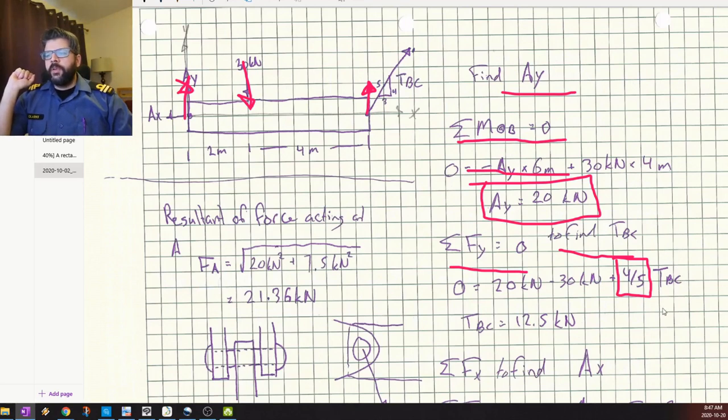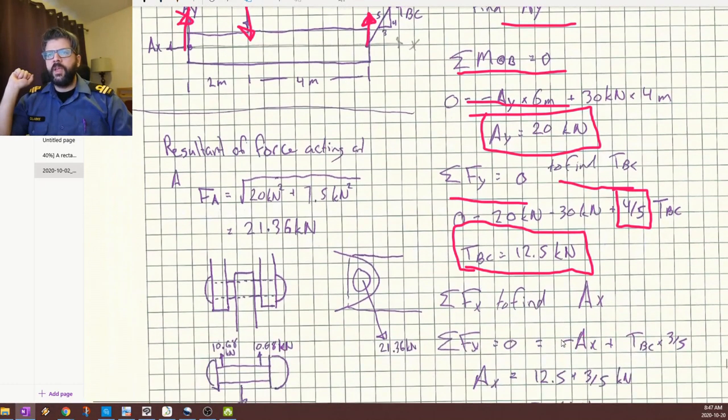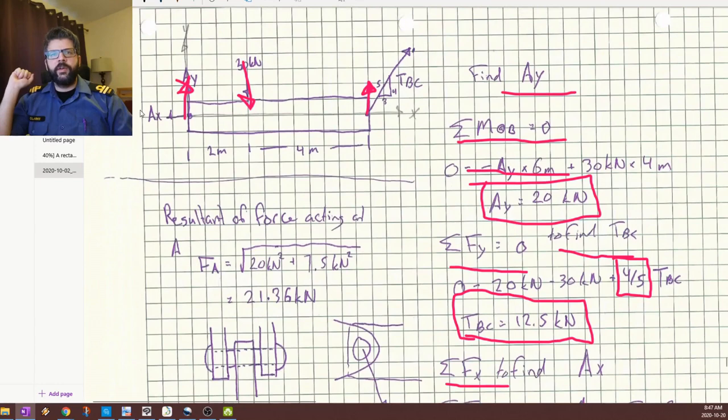So we can solve for TBC as 12.5 kilonewtons. And then we can just take the sum of the forces in x direction to find our AX here.